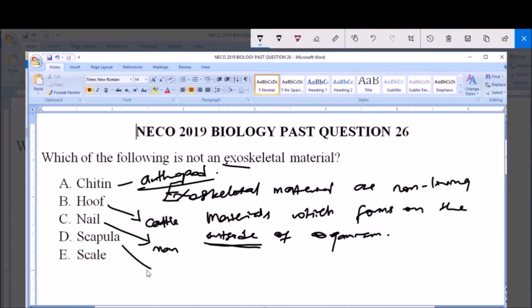Then option D says scapula. Now scapula is a bone. It is more prominent on the posterior aspects of the body.